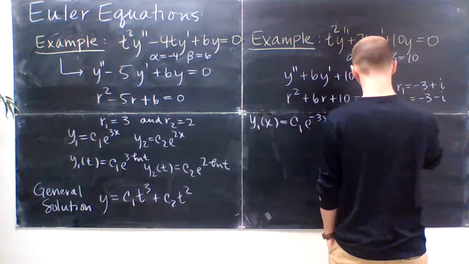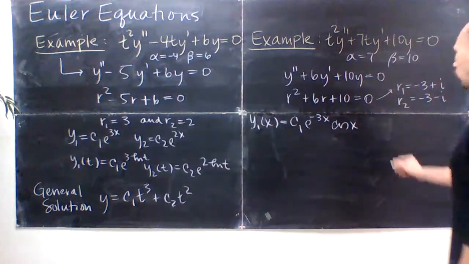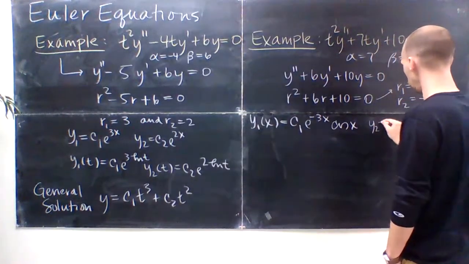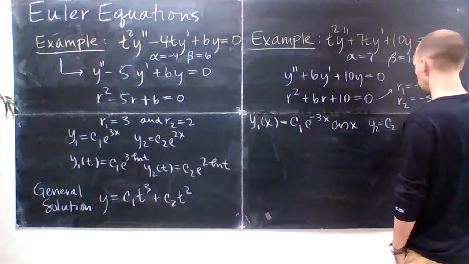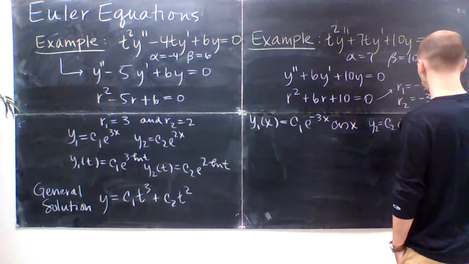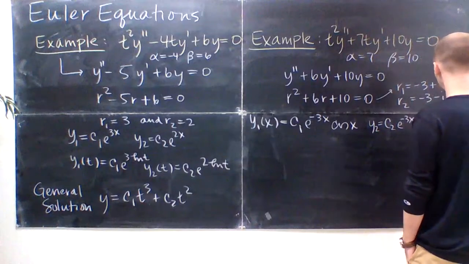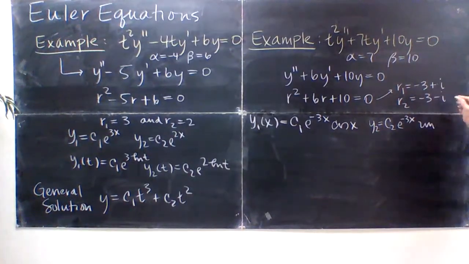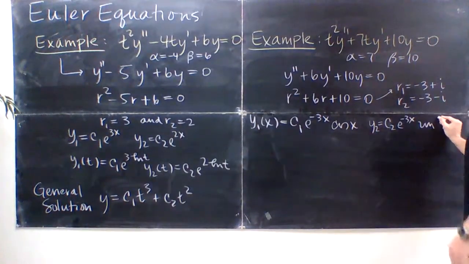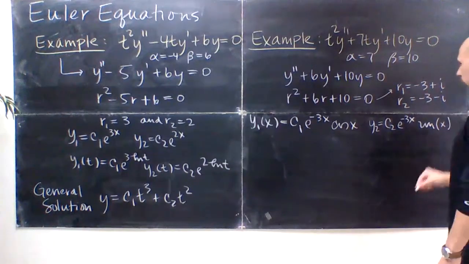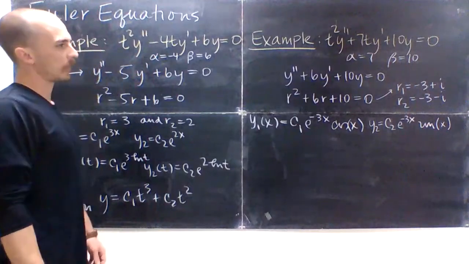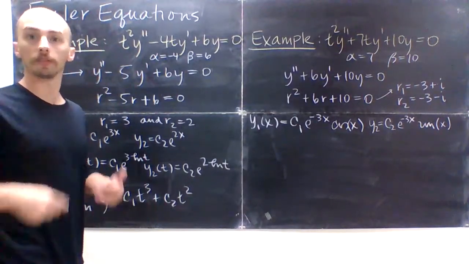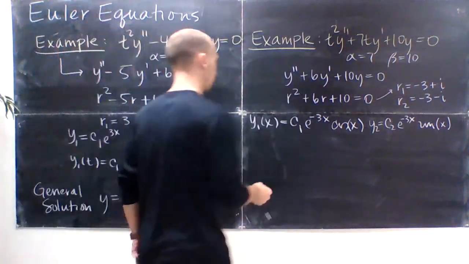Then y2 is going to be c2 e to the negative 3x times the sine of 1x, because this was 1i and negative 1i, times the sine of x. And we know that x is equal to the log of t, so we're just going to make that happen here.